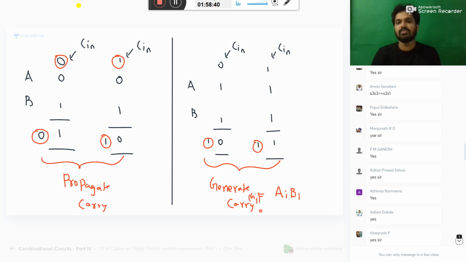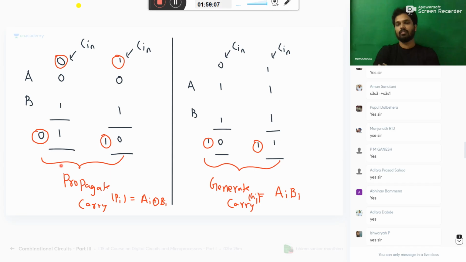When this G occurs, when A, B both are ones. When propagate carry occurs, when A, B are 0, 1 or 1, 0, you can write A XOR B, when both are different. So up to this clear to everybody or not?